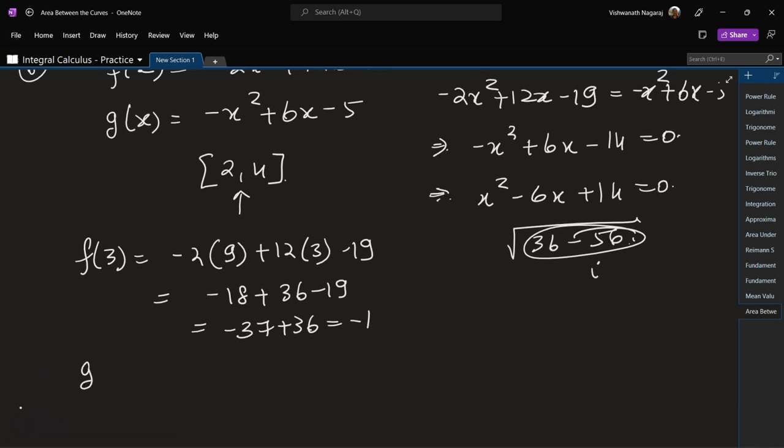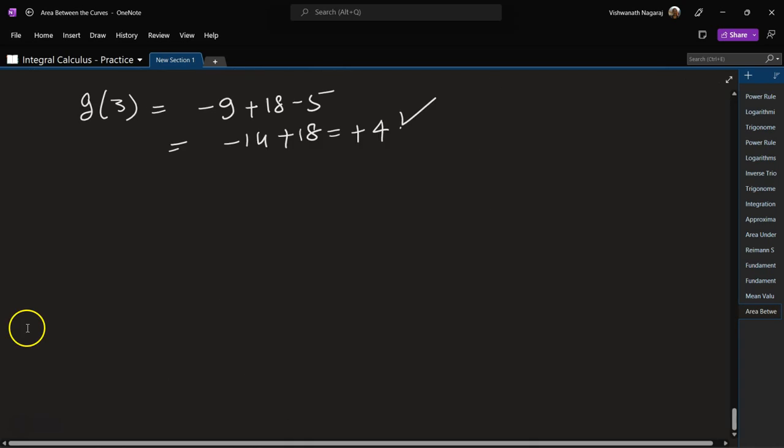What about g of 3? That gives us minus 9 plus 18 minus 5. Minus 9 minus 5 is minus 14 plus 18, which is plus 4. So G is higher.